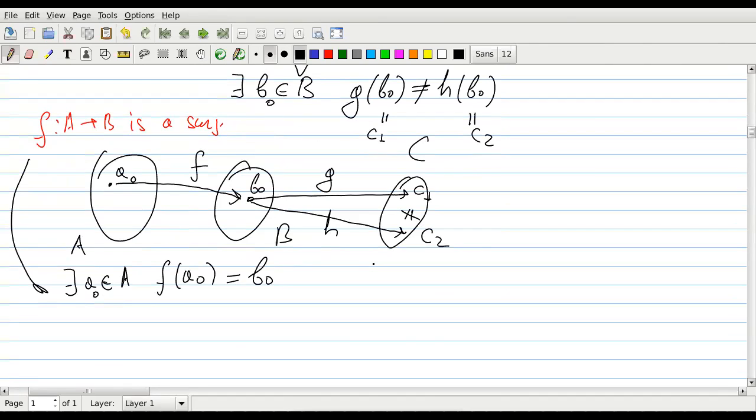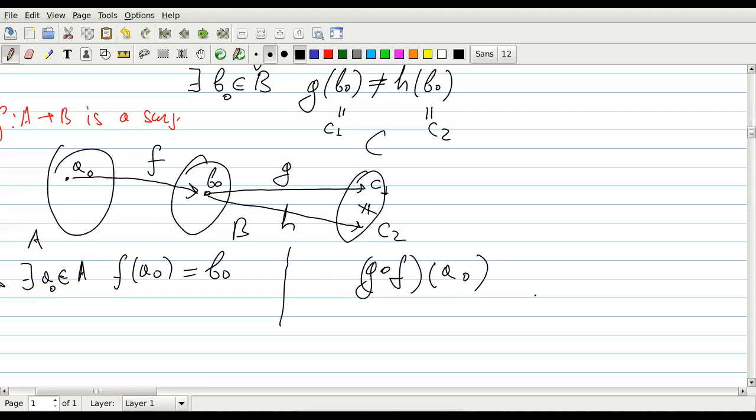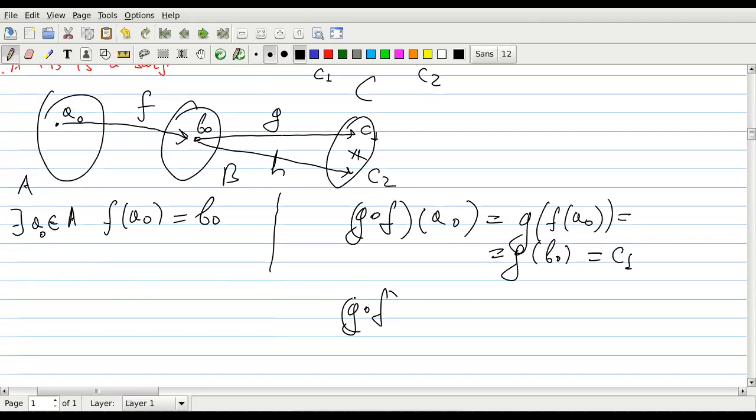Yes. Now everything should be clear, but is it? What is the value of this composition at A0? C1. Of course, it is G of F of A0, or G of B0, or C1. What is the value of the other composition at the same point?